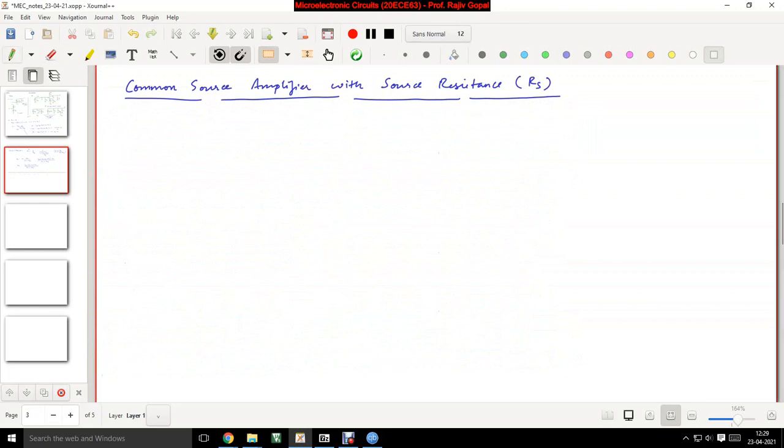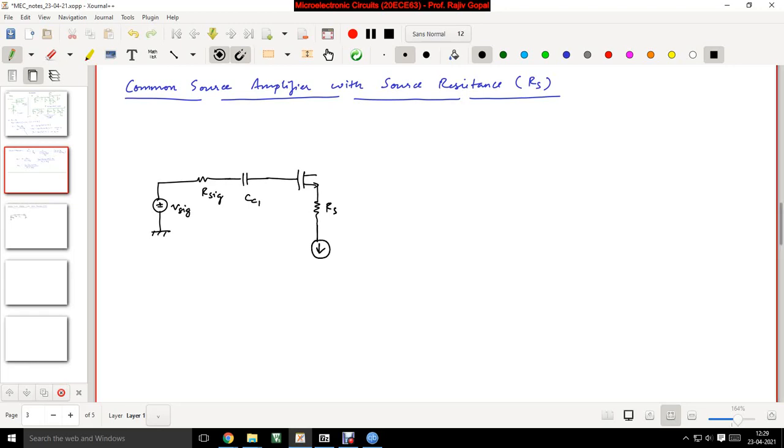Now to draw the diagram, you have the same V signal. Any queries, let me know. Then this is R signal. Then this is CC1. Then this goes to the MOSFET. Now here you have RS. Then after that you have biasing source I. This is going to minus VSS.